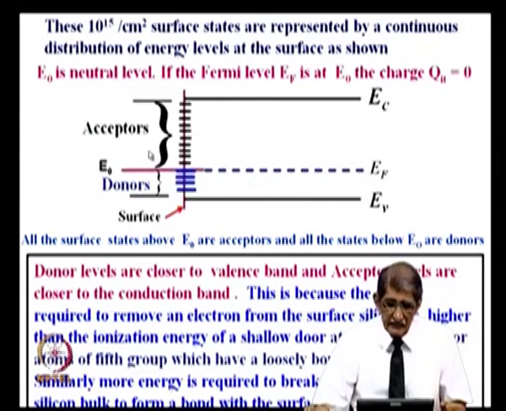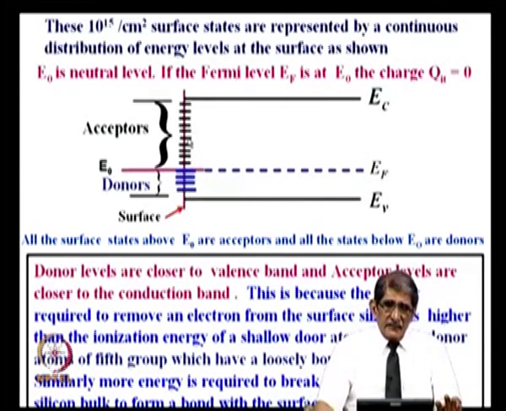Each one of those surface atoms corresponds to one level here, one level here. Now, the other thing you have to see here is that these acceptor levels will be occupying from top to bottom completely, spread out.